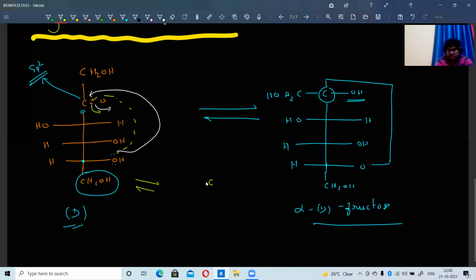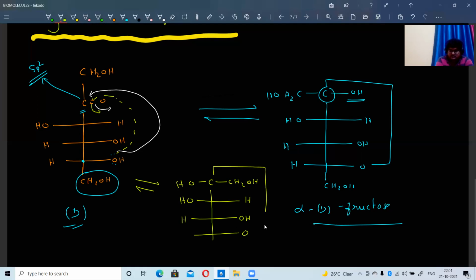Similarly, here the OH is on the left hand side: CH2OH, OH, H, OH, H, OH, CH2OH. Okay, you can draw it.